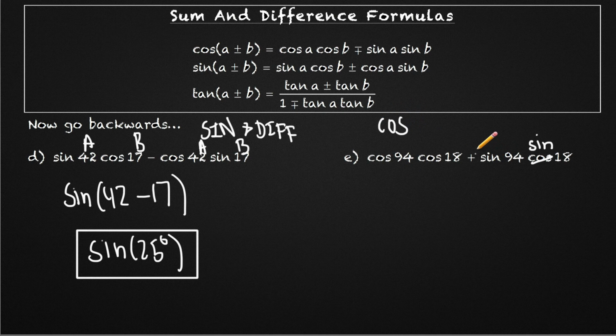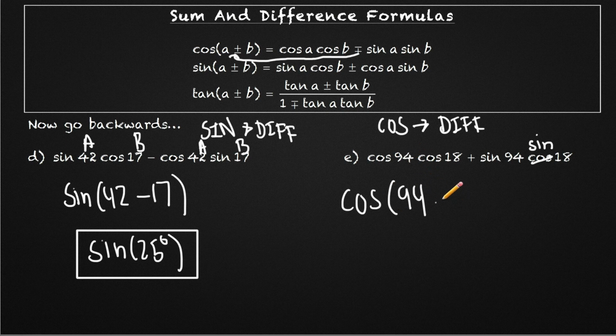Now you got to be careful, there's a plus here, and for cosine, when there's a plus in this formula over here, that equates to a minus in this formula there. So this is your cosine difference formula. So I will write cosine of 94 minus 18, and that's going to be 76. So this is the cosine of 76 degrees.